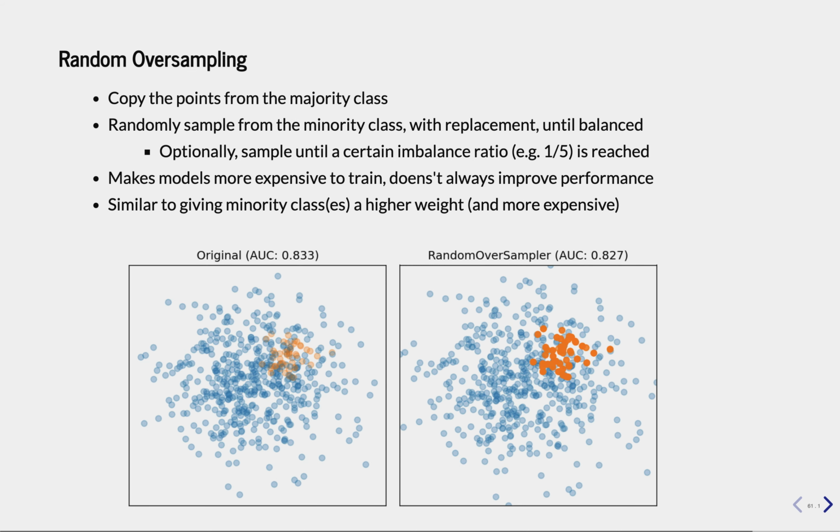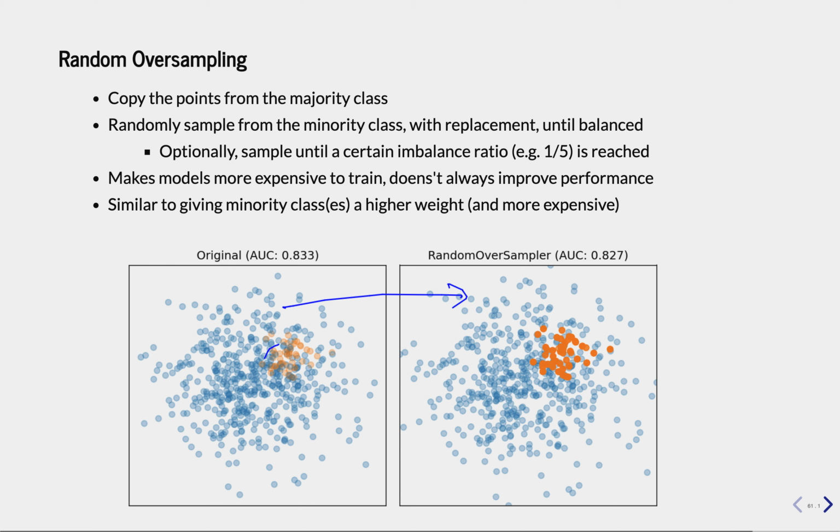Another thing you can do is random oversampling. So here we copy all the blue points over, and then we sample the orange points with replacement until balanced. Sampling with replacement means that we can pick the same point multiple times.